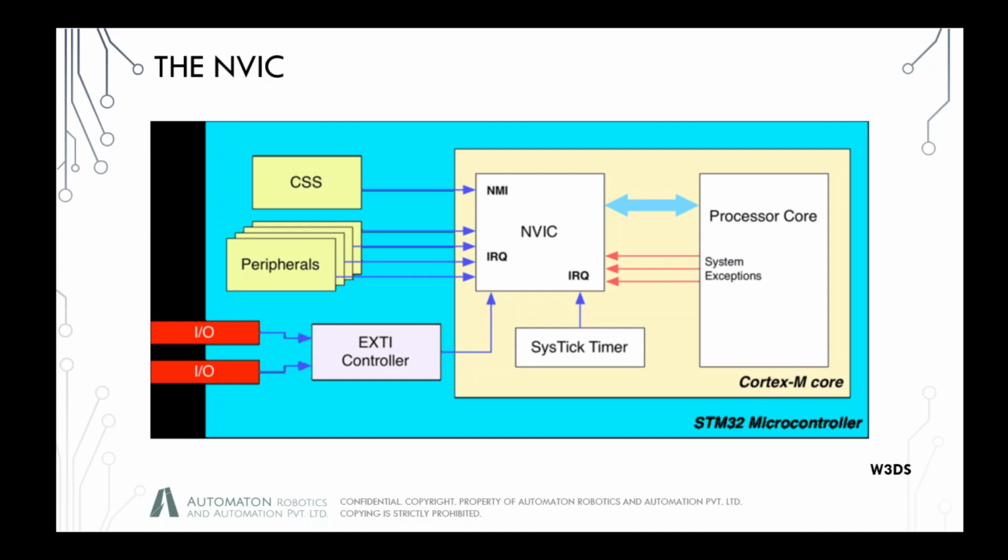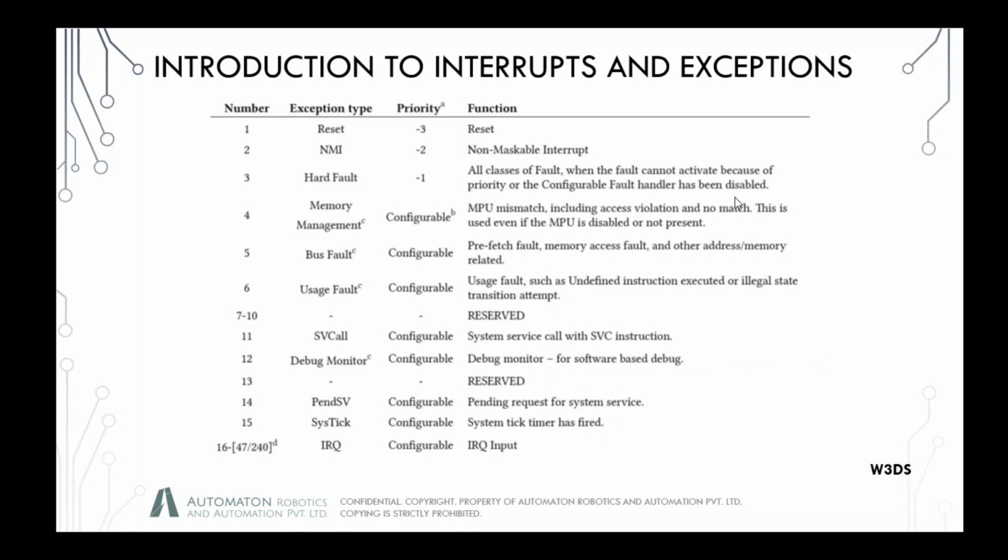The processor knows where to locate these routines because of this table. This is a generic table that I show you, but each chip is going to have specific interrupt service routines built inside it.